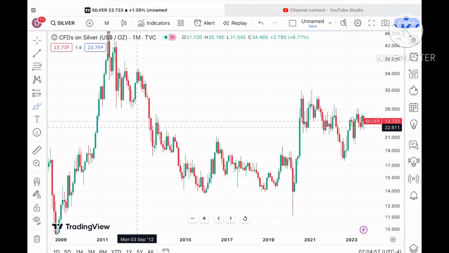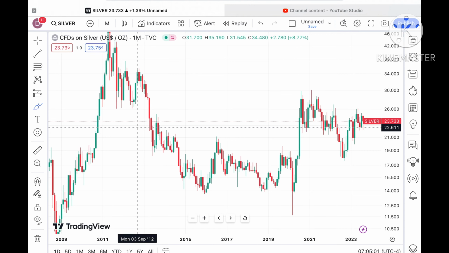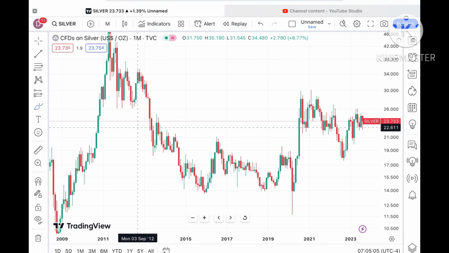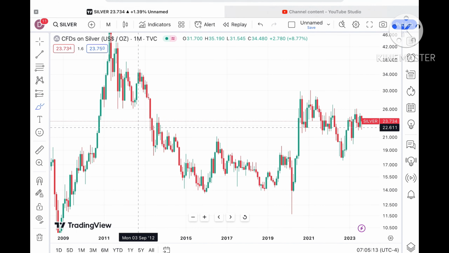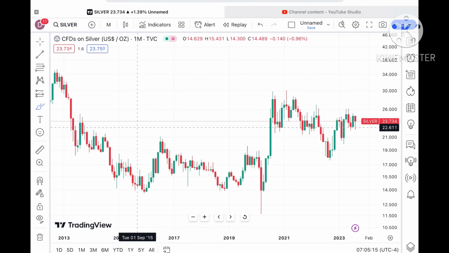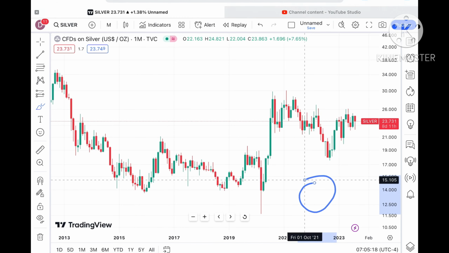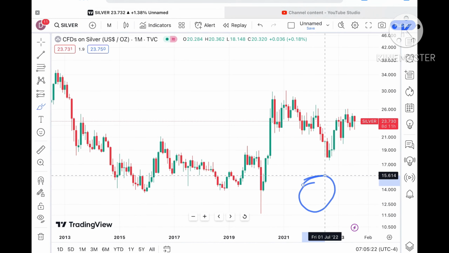A few economic events are also coming. Next week you can see employment change, GDP, and the personal consumer expenditure price index. All these factors and economic data will show so much volatility in the price of silver. Remember what I say in my workshop: if you are a beginner, avoid taking trades in a volatile market.